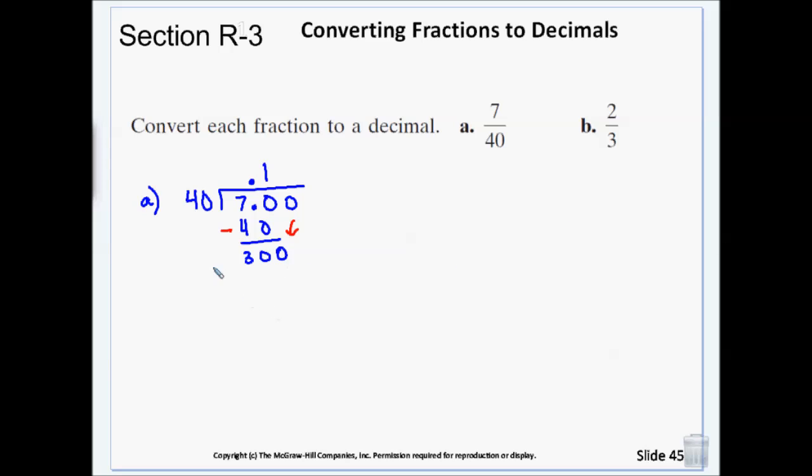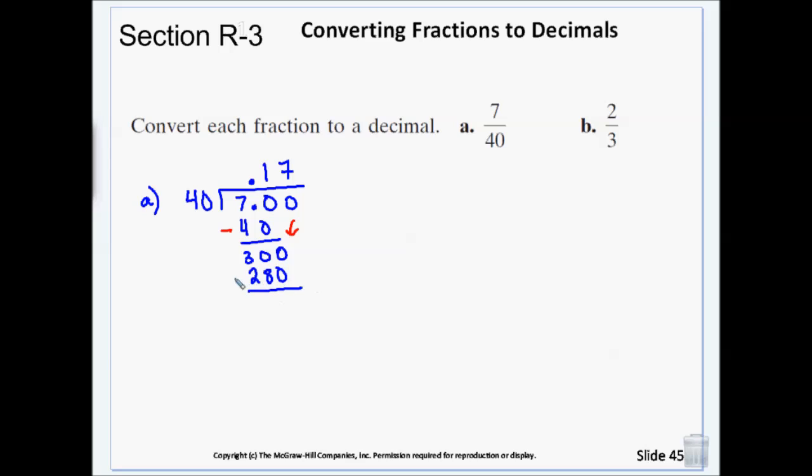Now to guess how many times 40 goes into 300, I'm going to look at the 4 and the 30. 4 will go into 30 7 times, which will give me 280.